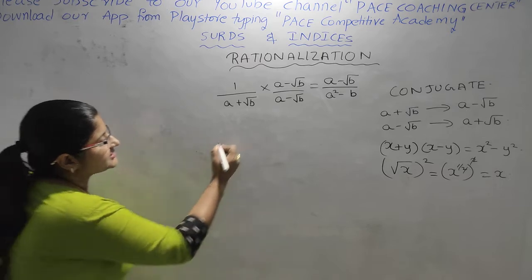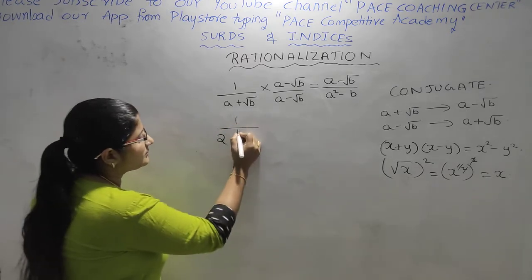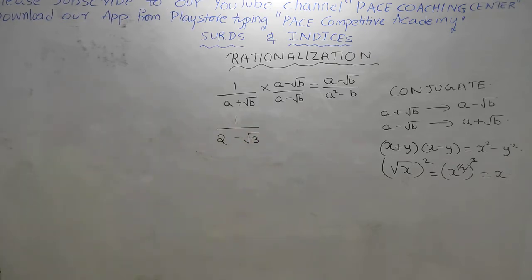Let us quickly take a simple example. For example, 1 by 2 minus root 3 is given. In order to simplify this, you need to apply a method which is nothing but rationalization.